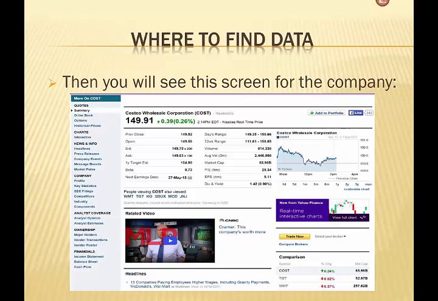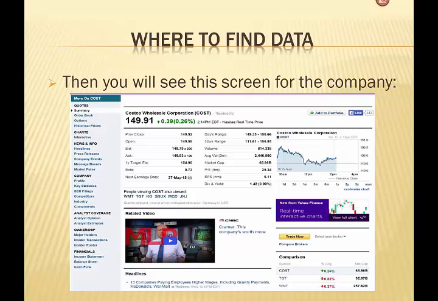From there, here pops up the Costco information about the company, the current stock price, what its previous close was, etc., etc. And then on the left-hand side, you will see all kinds of different links. And what you want to do is look down towards the bottom on the left-hand side, and you'll see financials. And under financials, you can look at their income statement, their balance sheet, and their cash flow statement.